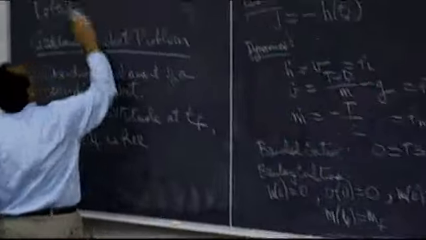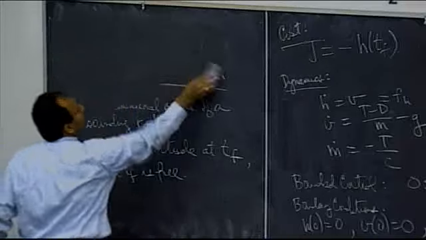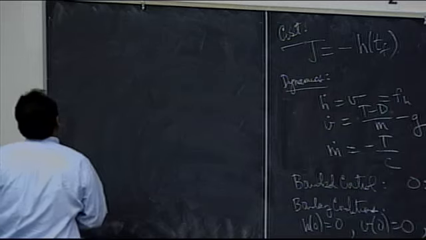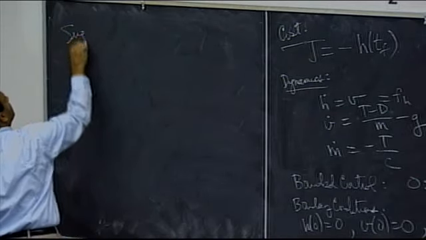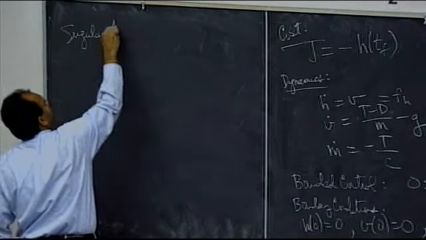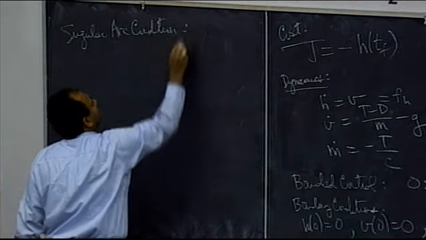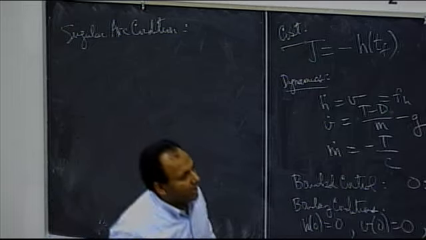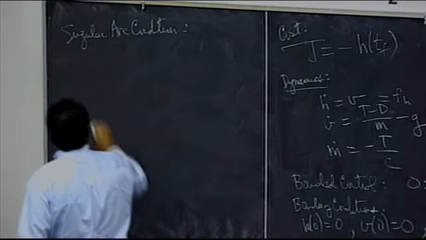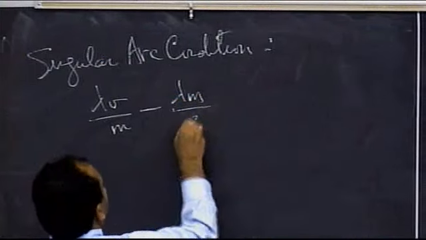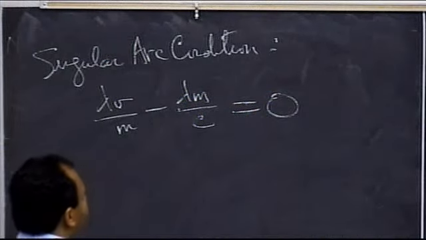The singular arc condition is that lambda sub v over m minus lambda sub m over c is equal to 0.